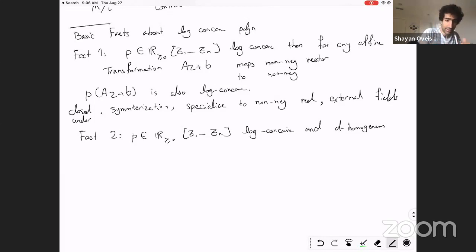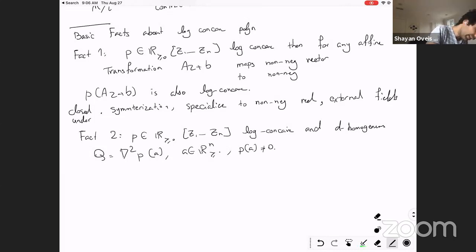Let Q be the Hessian of P at A, where A is non-negative and P of A is non-zero.